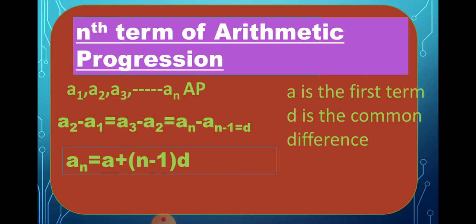In this, a is the first term, d is the common difference and an is the nth term of the arithmetic progression.